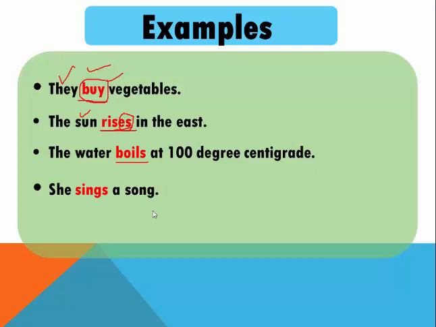Now next, she sings. Again, it's a singular, so the verb is also singular. She sings. Now they walk. They is again plural, so walk. It's not walks. If the subject had been he, then it would have been walks.